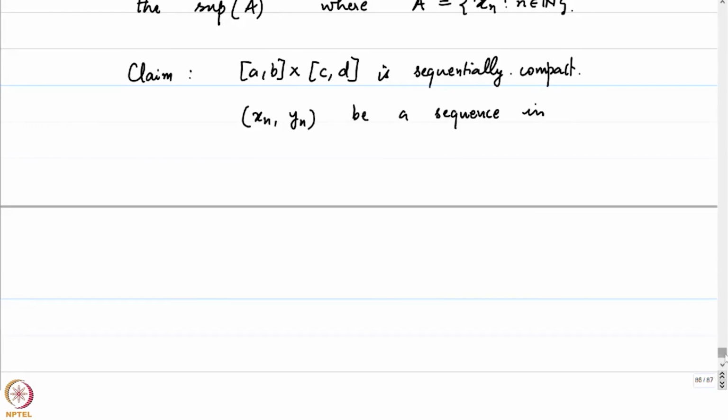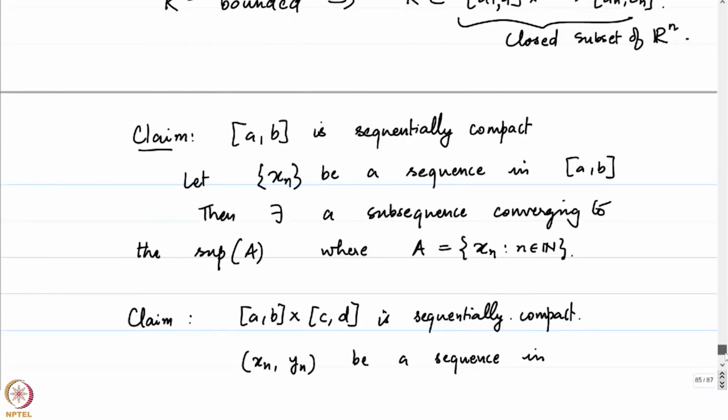Oh yes, one observation was pending here. We did have a sequence converging to the supremum. Let's call that supremum alpha. But the question always remained as to why alpha would belong to AB. The reason is because AB is a closed set. Therefore, the limit also belongs to our given set, and that is the reason why we have a convergent subsequence.